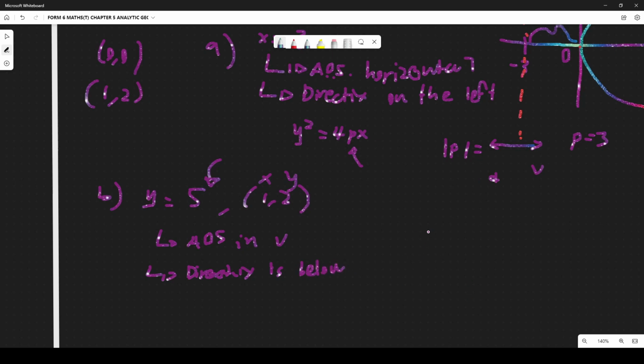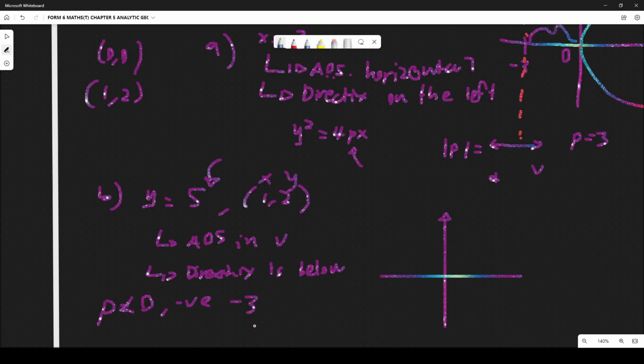So when you start graphing, it looks something like this. The same logic applies here also. Since we know it's below, p is most likely less than 0, a negative value, and it's just 5 minus 2, which is negative 3.